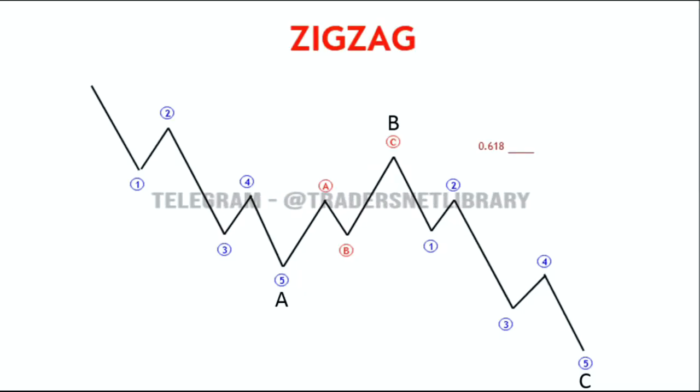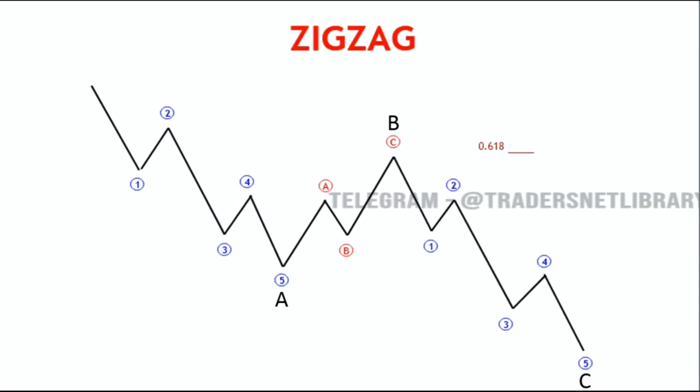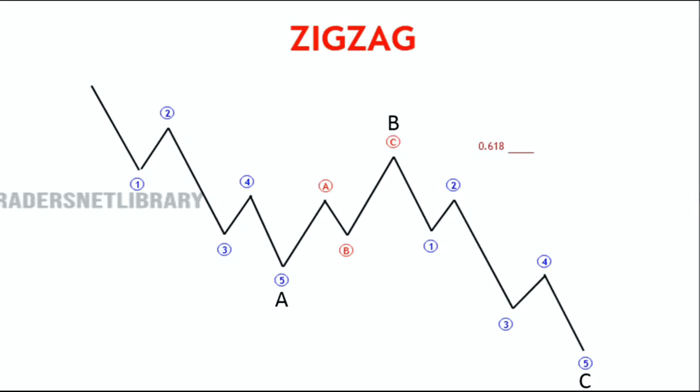Zigzag pattern. The zigzag pattern is one of the types of correction waves. The frequency of formation of this pattern on the chart is higher than some other types of correction waves.